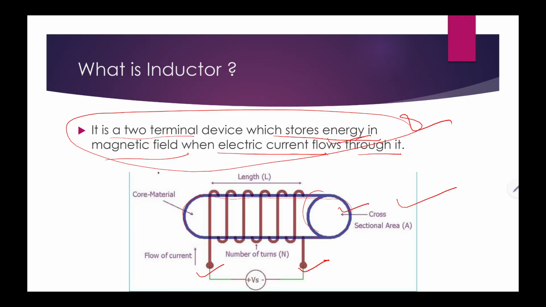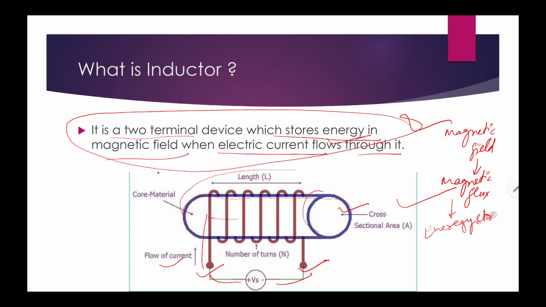When we supply current through it, that is, the flow of current from the first terminal to the second, the magnetic field will be generated around this coil, and by this magnetic field, magnetic flux will be generated, and from this magnetic field, energy storage will be done. Energy storage in the form of kinetic energy.